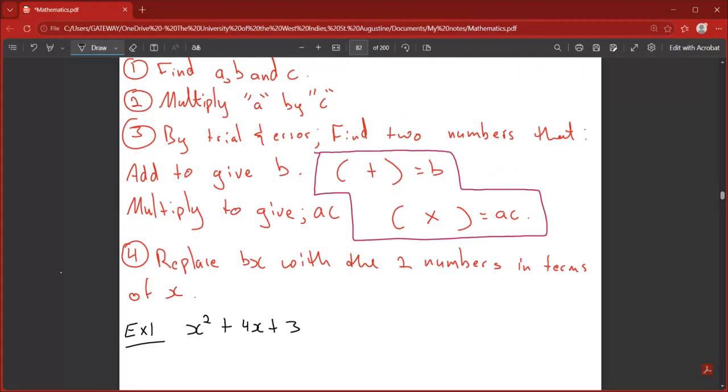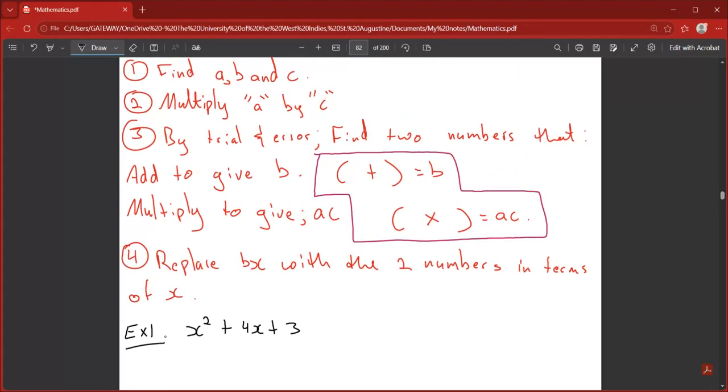Based on the first step, you want to identify where a, b, and c are. You do have a number in front of x squared. It's understood that a positive 1 is there, because 1 times x squared is x squared. So a is positive 1. If a number is not written in front of the variable, it's understood that positive 1 is there.